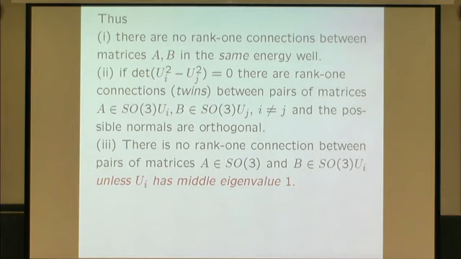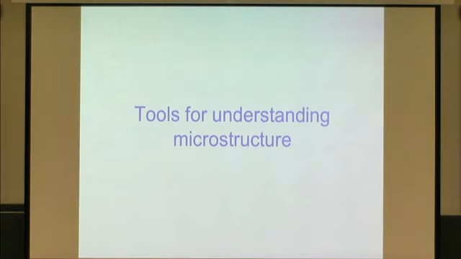But later we'll see what happens in this case when the middle eigenvalue is 1. Okay, and then some very exciting and recent experiments show that spectacular things happen. So in general you can't make an interface between austenite and a pure variant of martensite.